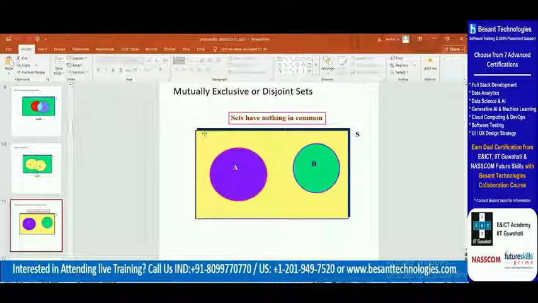So we are going to have a concept called a mutually exclusive set. Okay, so if the components of elements in A and the components of elements in B have nothing in common, you can have them separately, like this won't join together. So this is also called a disjoint set.